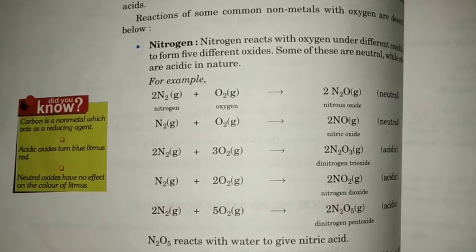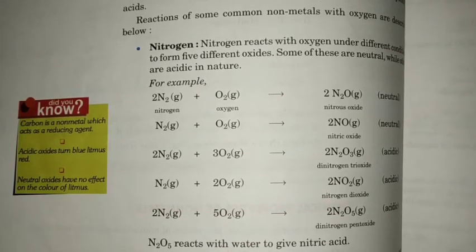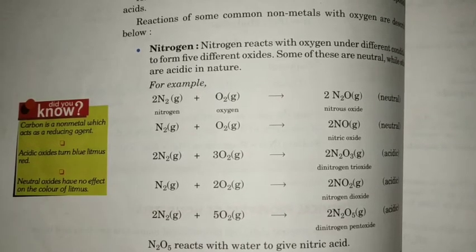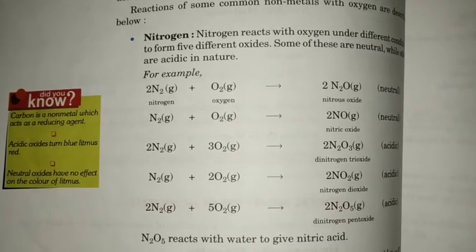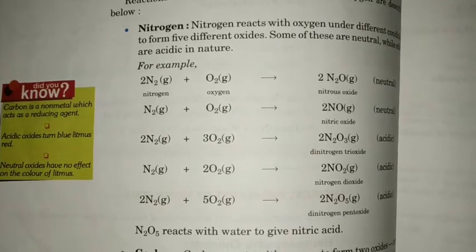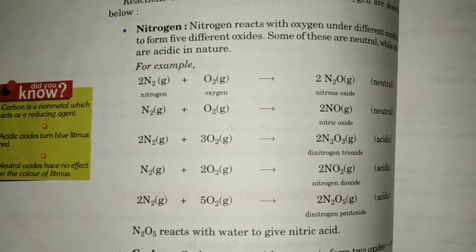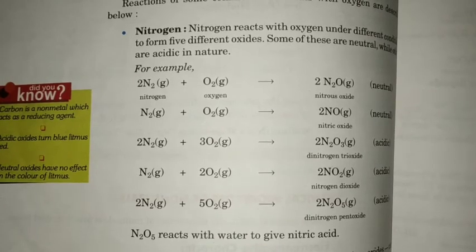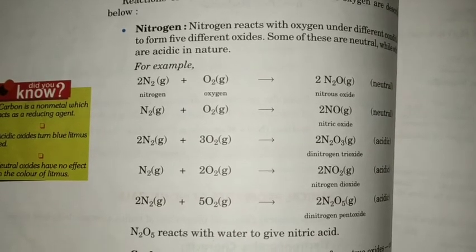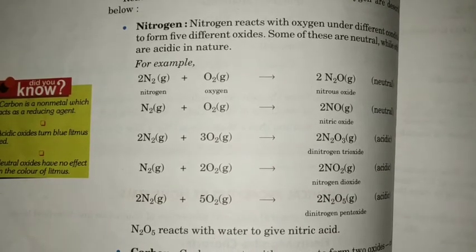Some of these are neutral and some are acidic in nature. First it forms nitrous oxide, which is neutral, meaning it has no effect on the litmus paper. Second, it forms nitric oxide.